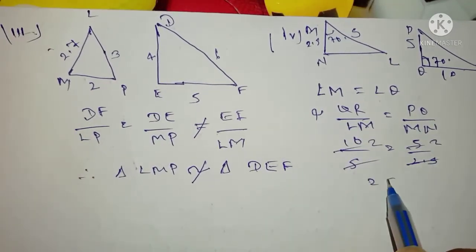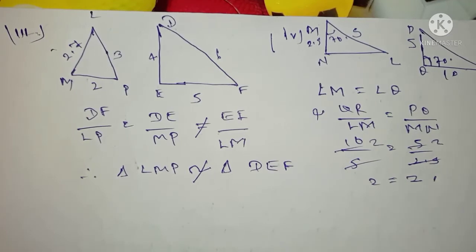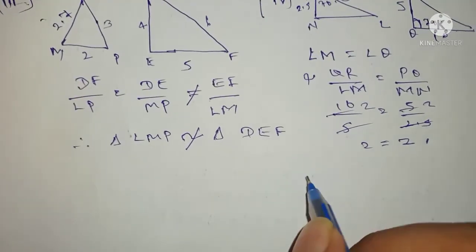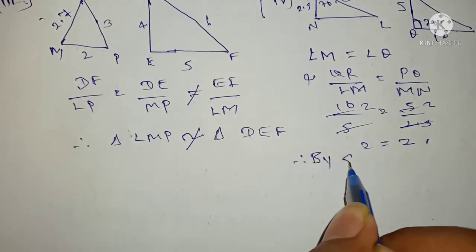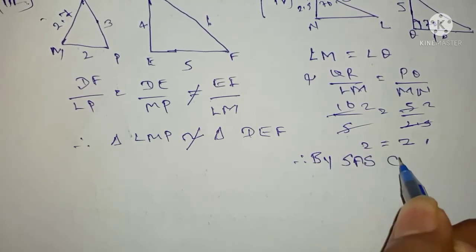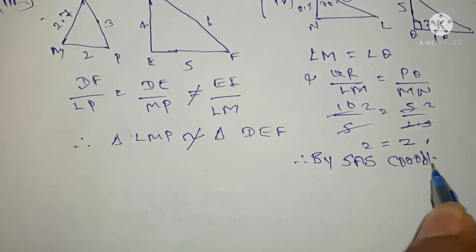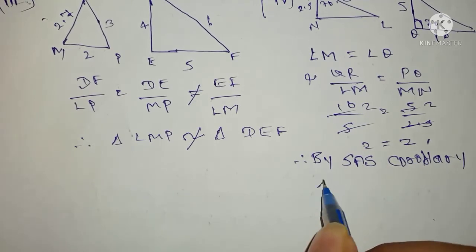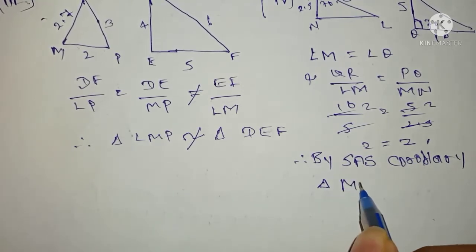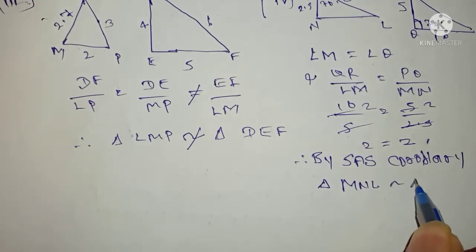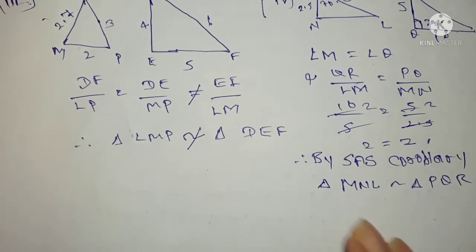So 2 is equal to 2. Therefore we can say by SAS corollary, triangle MNL is similar to triangle PQR.